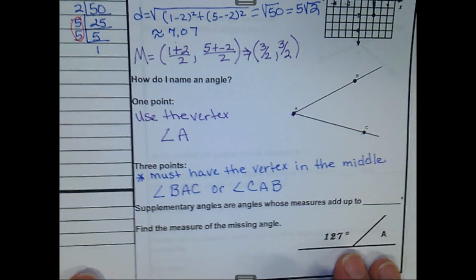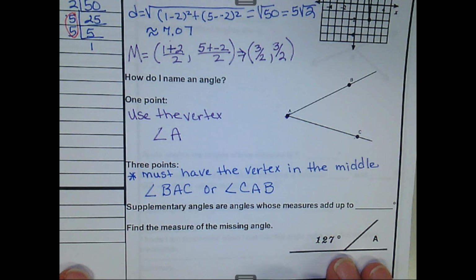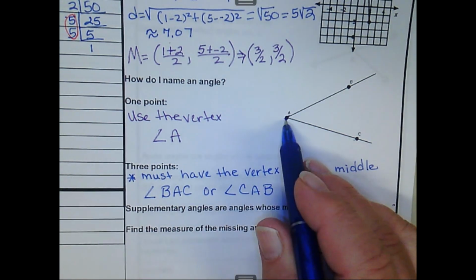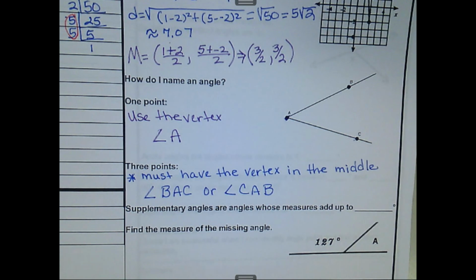Both are equally right, which means that you can do it either way. Or you can do it the third way with the vertex only. You can use the vertex only as long as it is not butted up against another angle, because then you wouldn't know which one you were talking about.